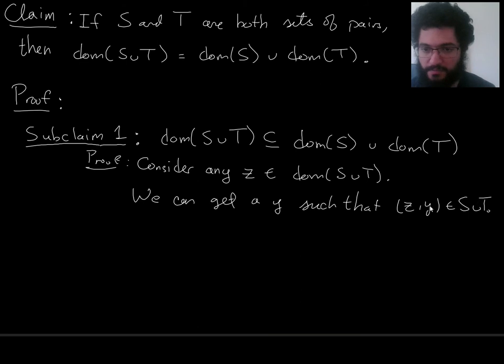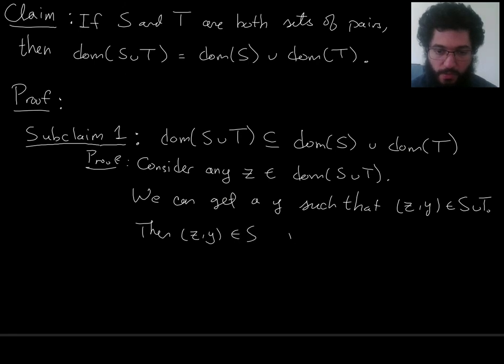All right, and now I've got something in a union, so I can use the definition of union to unpack that. So then zy is in S, or it's in T, which gives me a case split.